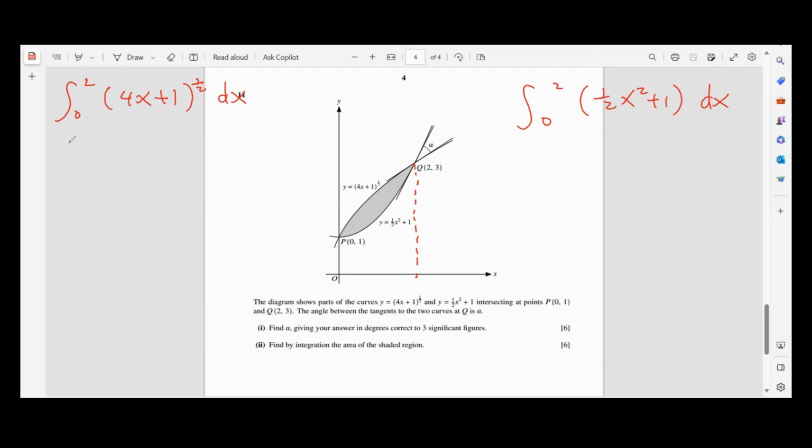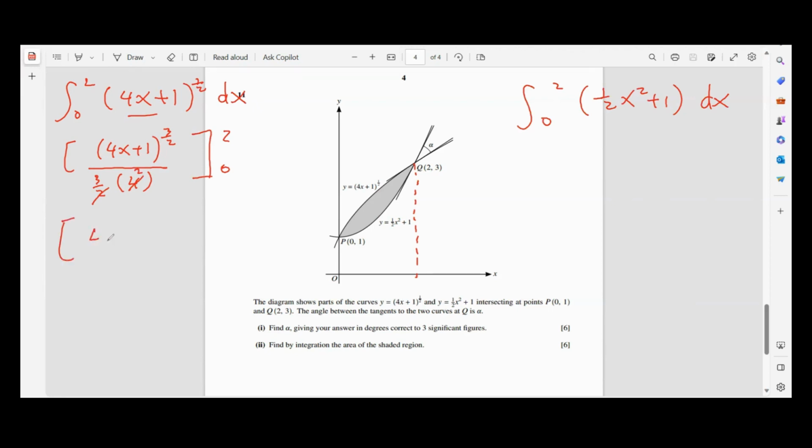So if I integrate it, this will become (4x plus 1) to the power of 3 over 2, divided by 3 over 2. And then the differentiation of the inside of the bracket is 4, divided by 4. And we have 2, 0. This I will simplify, become 6.